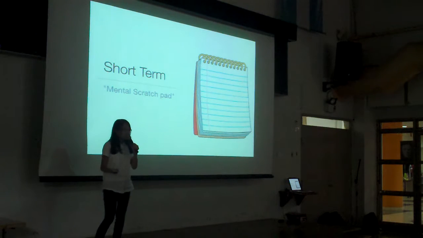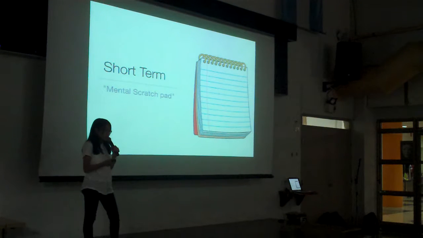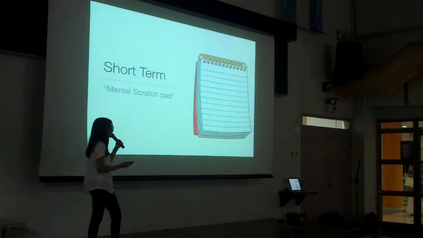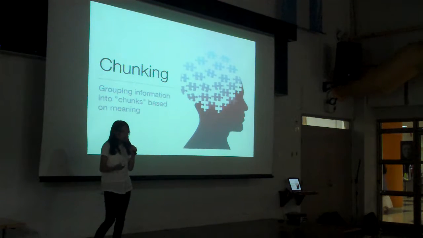And you might be really surprised to know, but we can actually only remember about 4 different things at a time. The way that we get around this, the way that we seem to remember so much more than just 4 things, is through chunking. Chunking is defined as grouping information into chunks or sections based on their meaning. An example of this would be if I gave you a long string of numbers, like a phone number.